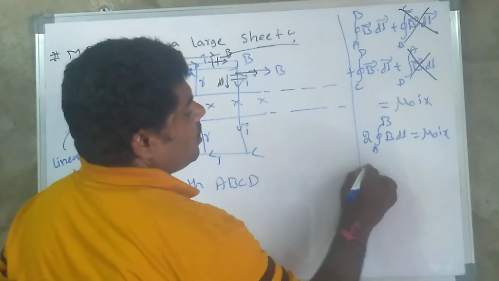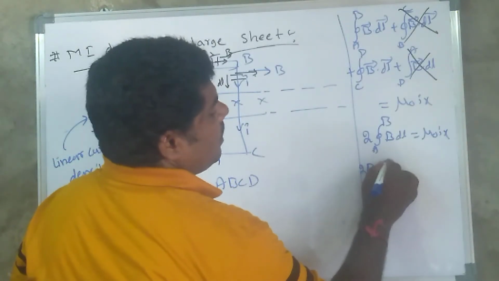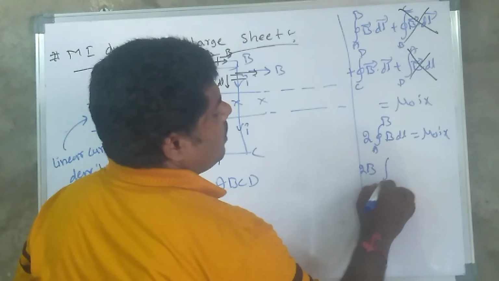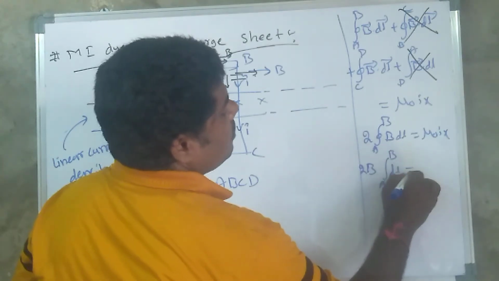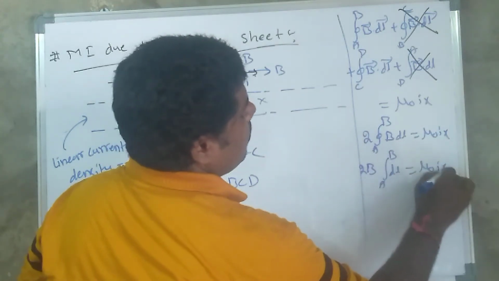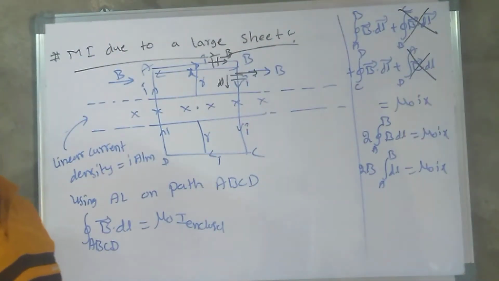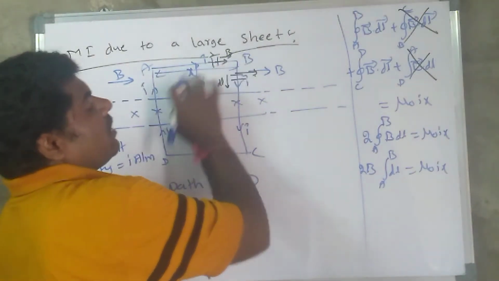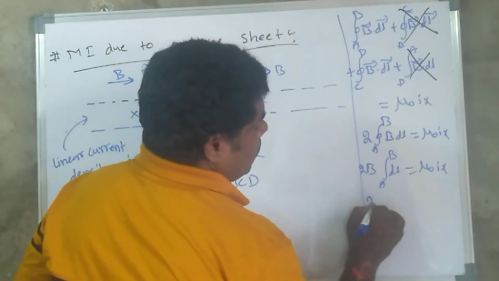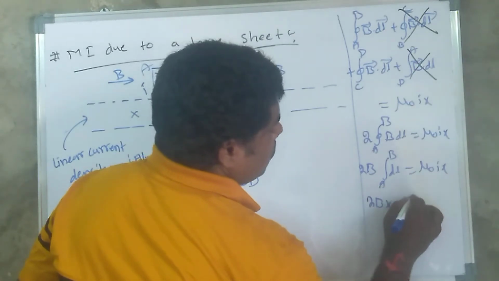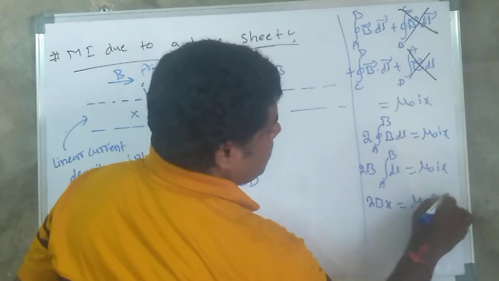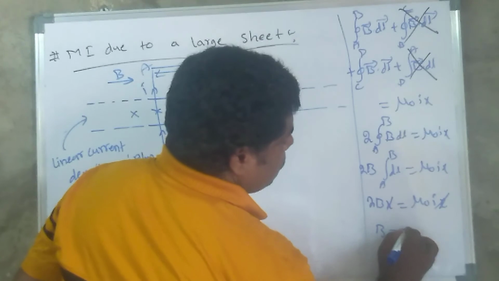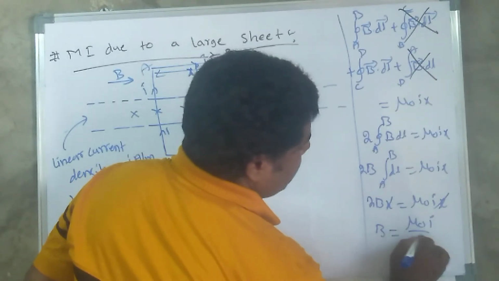B is constant, so you may write it outside: 2B into the integral from A to B of dl is equal to mu naught I into X. The integral of dl is nothing but X, because only x is variable here. So 2Bx is equal to mu naught I into x; x cancels, and B is equal to mu naught I divided by 2.